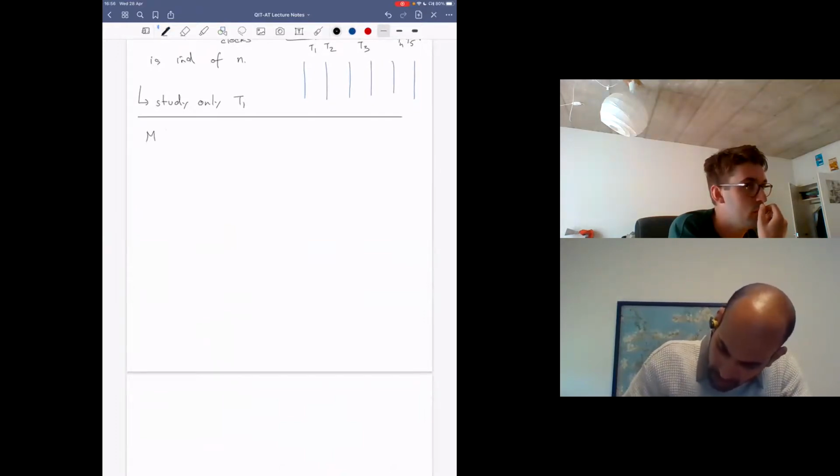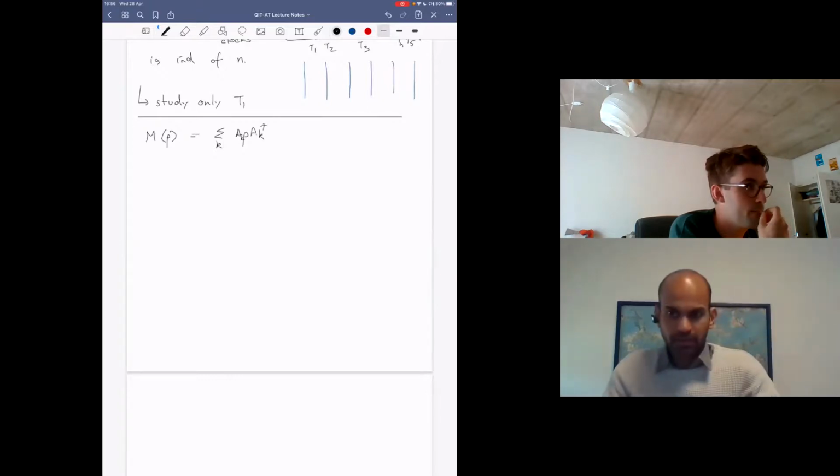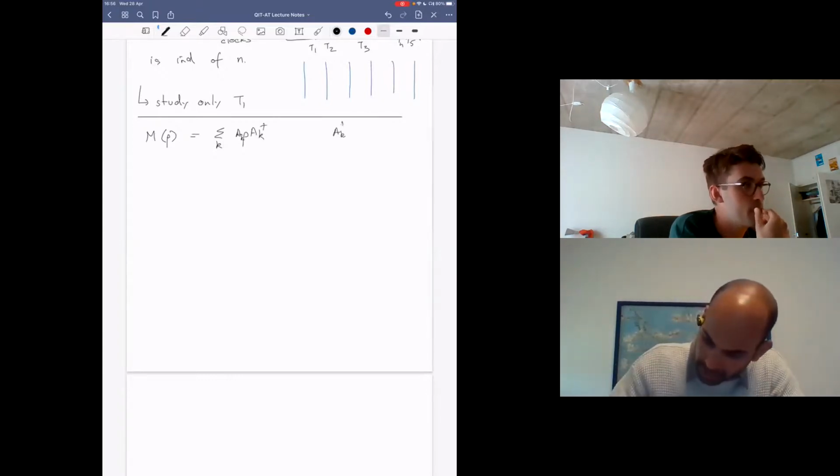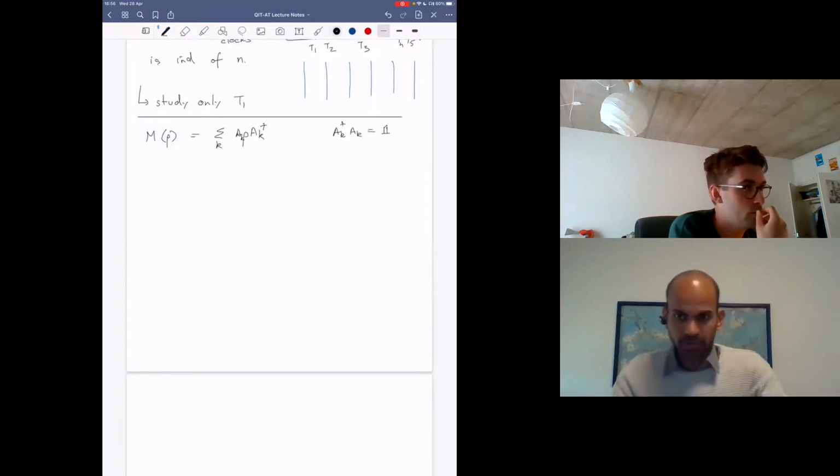We know that any map on a system rho we can write as a sum over k, A_k rho A_k dagger, where the sum of A_k dagger A_k is equal to identity on the system. This is the most general map that we can write.